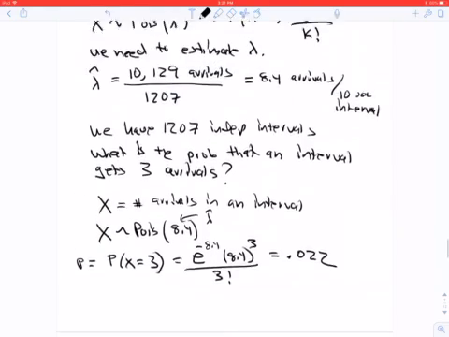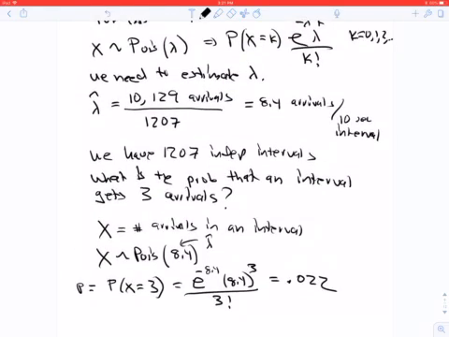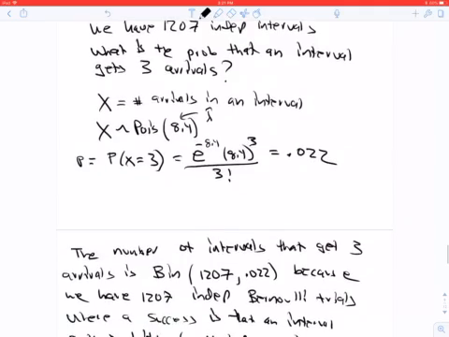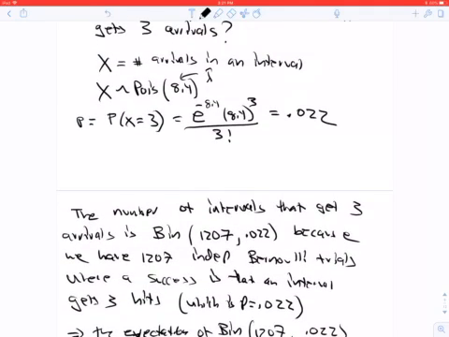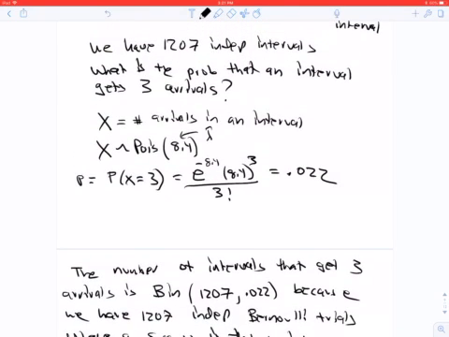So if we want to calculate the expected number of intervals out of 1,207 that have 3 arrivals, what we're going to do is realize that the number of intervals with 3 arrivals can be modeled as a binomial with n, the number of independent intervals, 1,207, and p, the probability of getting 3 arrivals.